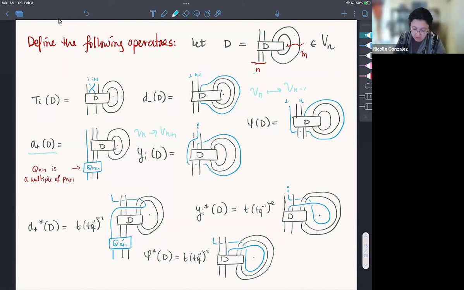Yi, you can construct from the commutator of D minus and D plus. But that's basically just going to be, you take your ith strand, you wrap it around, and you bring it back to position i. You have phi, which is actually the commutator of D minus and D plus, where you take your nth strand and you wrap it around and you bring it back to position 1, etc. And you can do this for the star operators as well.